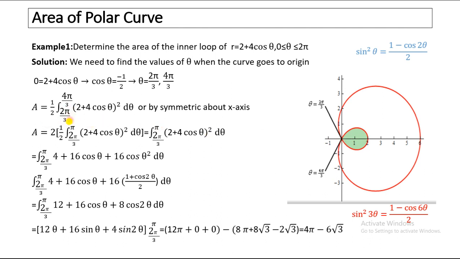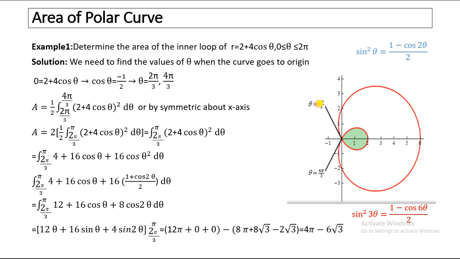Or by symmetry about the x-axis: this graph is symmetric about the x-axis. Therefore, I want to find half of this area and multiply by 2. Half of this loop and multiply by 2, because it is easy.